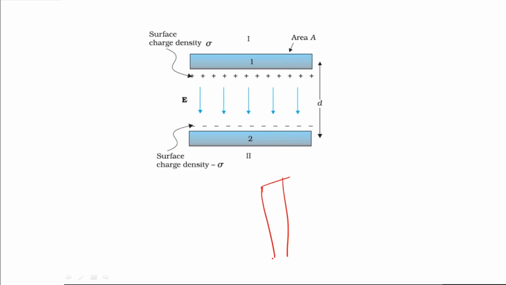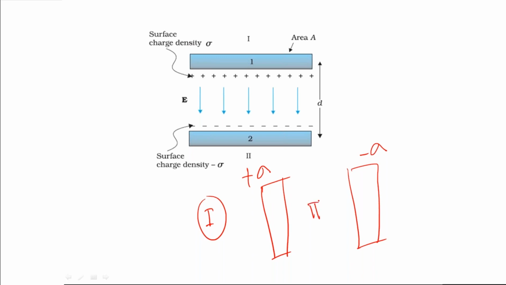Okay, having said this, if there are two such infinite plane sheets, suppose this is plus sigma charge density, and this is minus sigma. Suppose this region is region 1, this region is region 2, and this region is region 3.